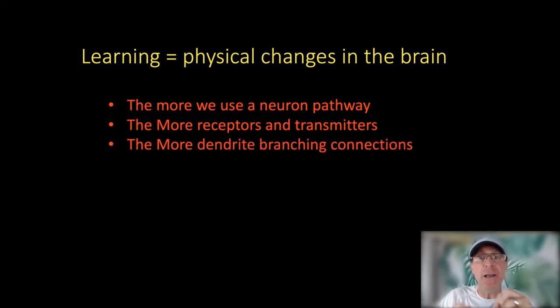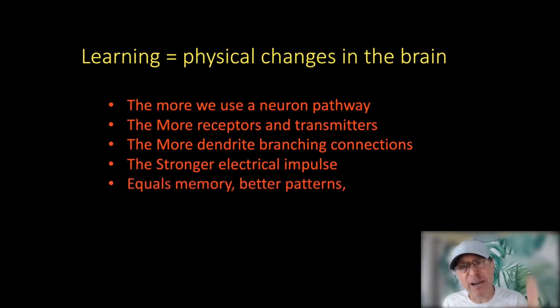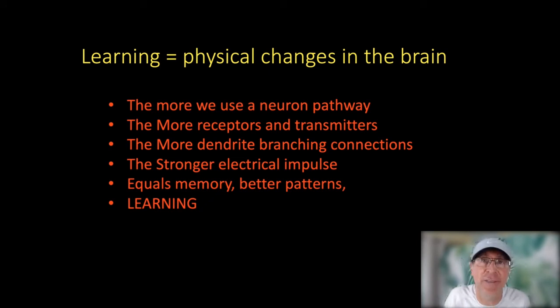The more dendrite branching we make, which creates bigger connections and essentially grows the brain. Then we get stronger, more diverse, or more connected electrical impulses. All of this equals better memory and better patterns. Essentially, it's learning. That's the physical changes that take place in your brain as you learn.